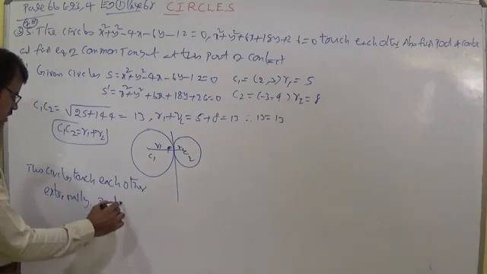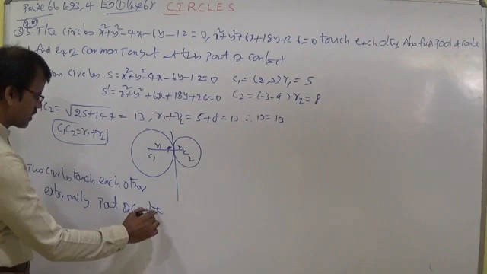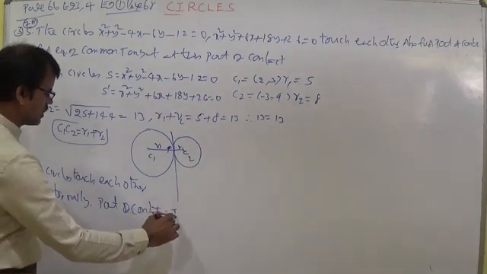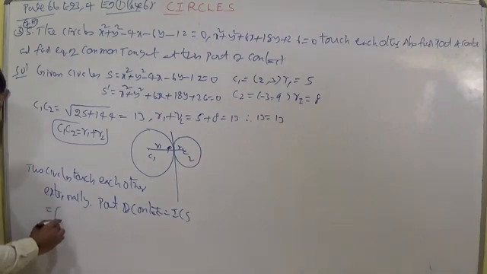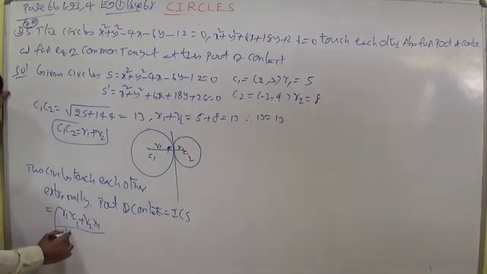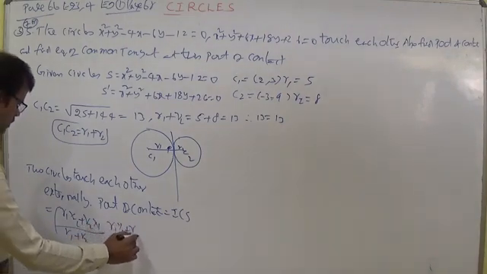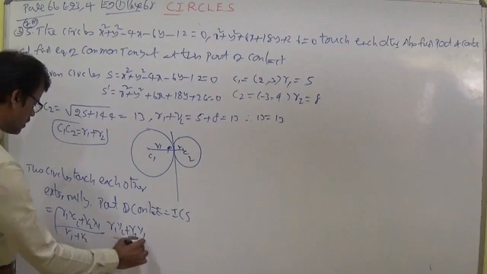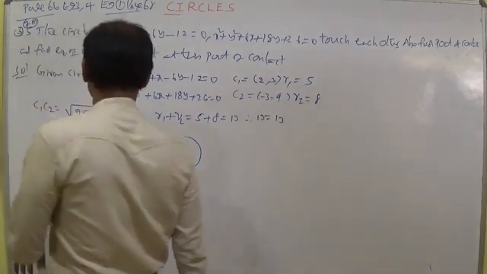Point of contact is equal to ICS. ICS formula, once again I am making you remember: R1x2 plus R2x1 by R1 plus R2, comma, R1y2 plus R2y1 by R1 plus R2. So what is R1, what is R2?